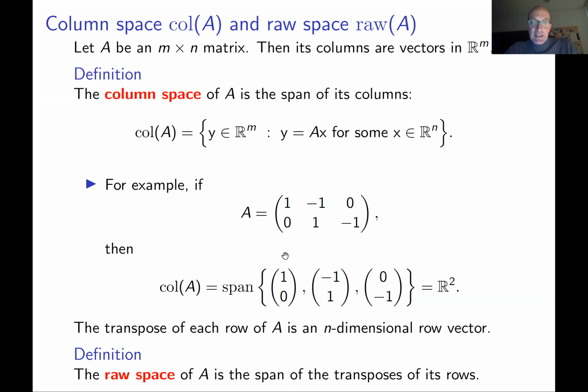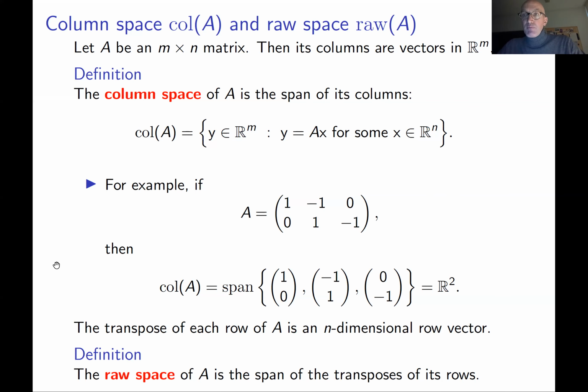So for example, in this case, the row space is going to be the space spanned by this vector, if you put it as a column, 1, -1, 0, and this vector, if you put it as a column, 0, 1, -1.